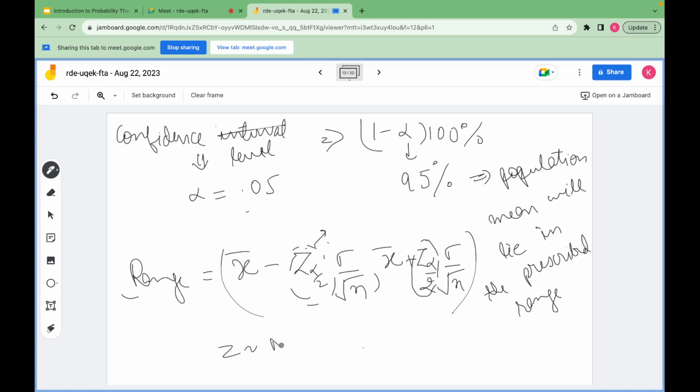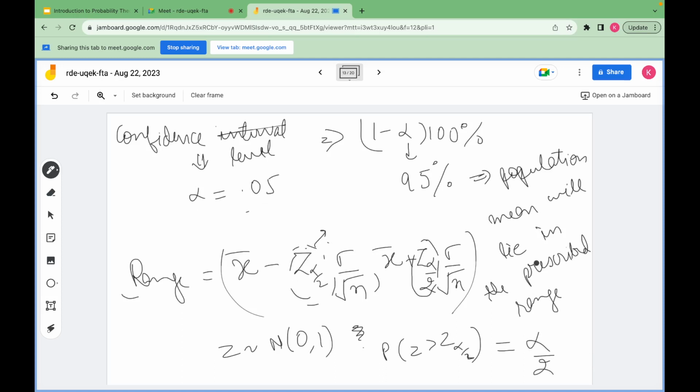Z is a normal distribution with mean 0 and variance 1, and z alpha by 2 is defined such that the probability that z is greater than z alpha by 2 is equal to alpha by 2. This alpha is the confidence level.